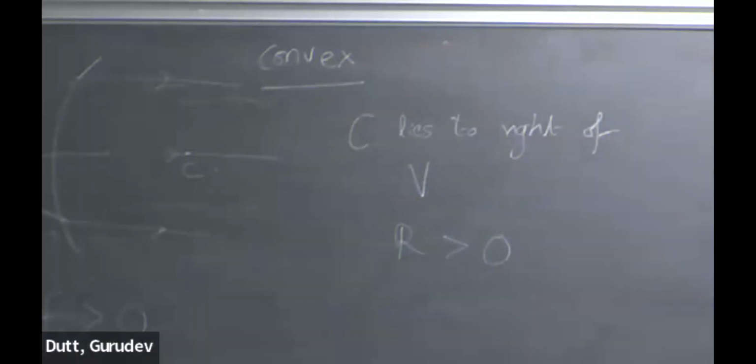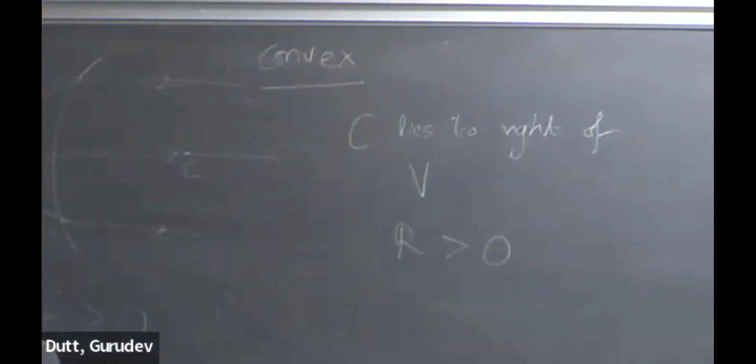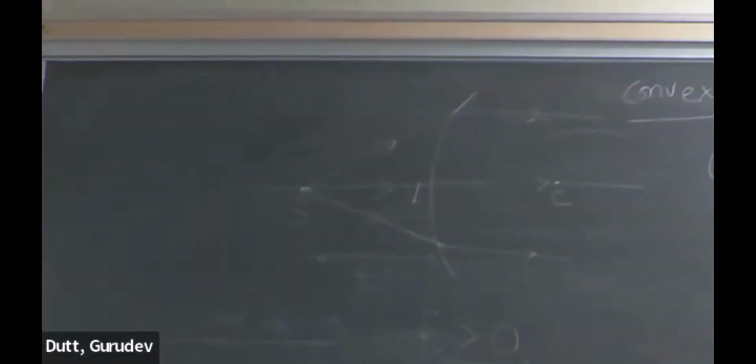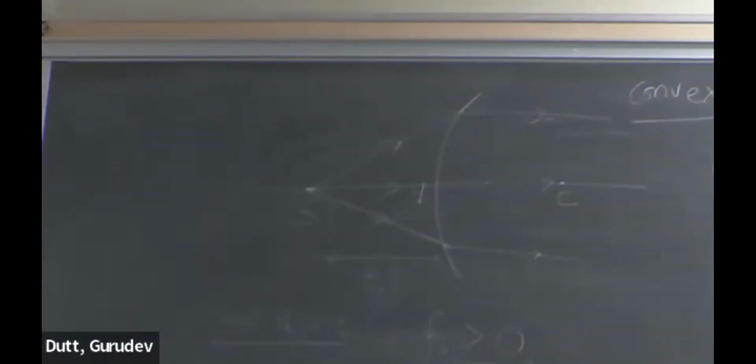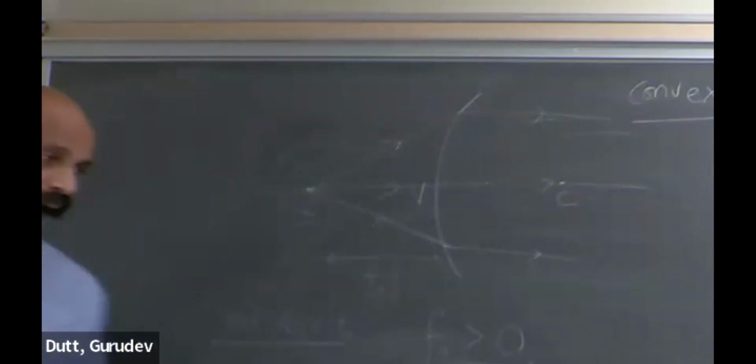And of course, for this concave spherical surface, the radius of curvature is also now negative because it lies to the left of the vertex. So R is less than 0, and Fo, the object focal distance, is also less than 0. Any questions? Because this point often confuses students a lot.